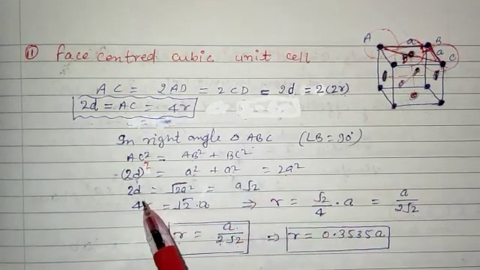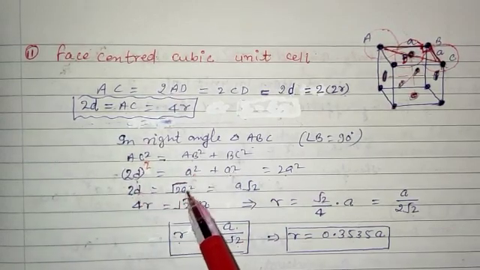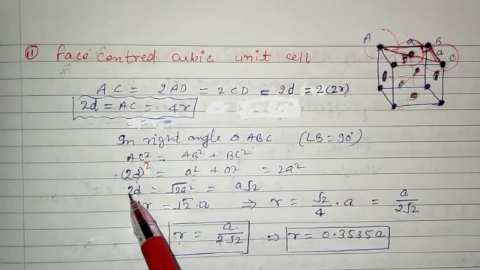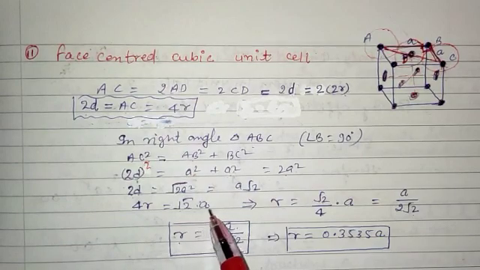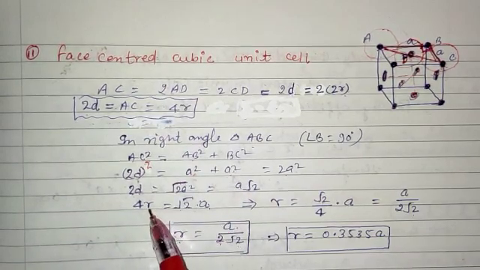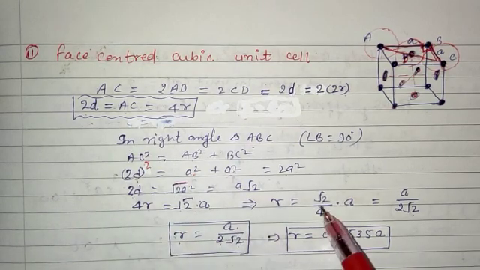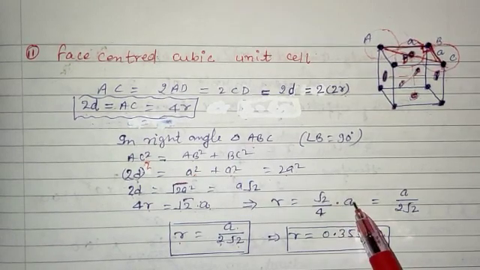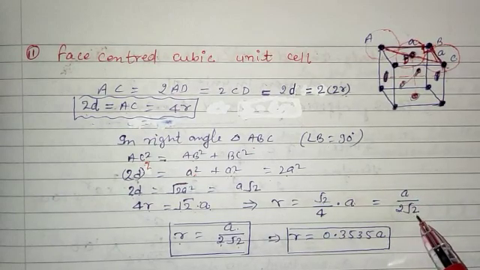Okay, and taking square root on both sides, this becomes AC, and here under root 2a square. a is perfect square, so this becomes a root 2, and you know AC equal 4r. 4r equal root 2 a, and you can calculate r. r equal, after transferring the 4 from the left side, this becomes a root 2 by 4, means a upon 2 root 2.